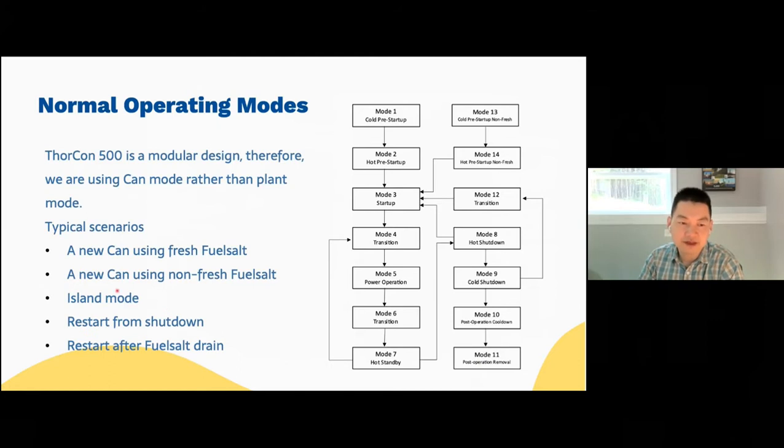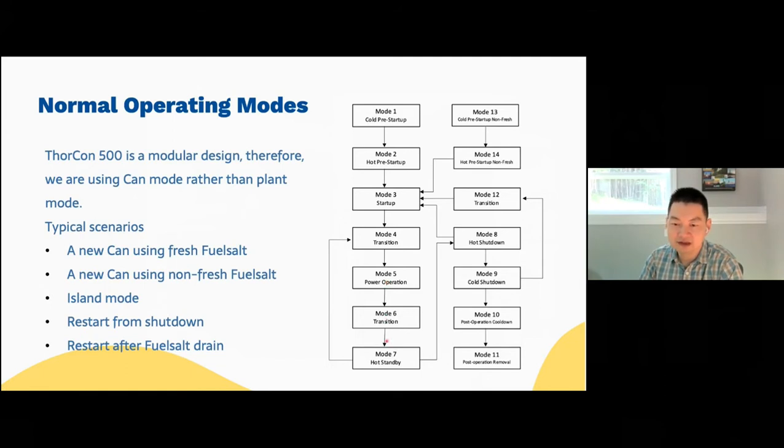However, if we have a new can, but we're using non-fresh fuel salt, which means the fuel salt has been used in another can, in that case, we will start with mode 13 to 14 and go back to 3, then all the way to 11. And then we have an island mode, which means when you go from the startup to the power operation, all of a sudden you don't need the power.